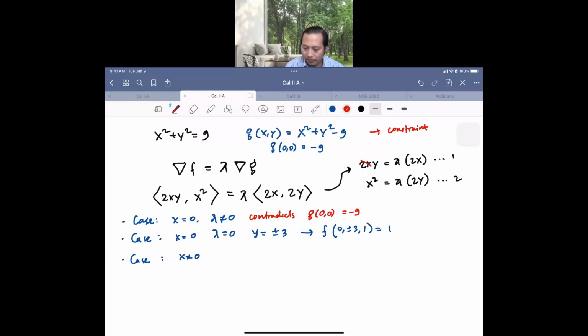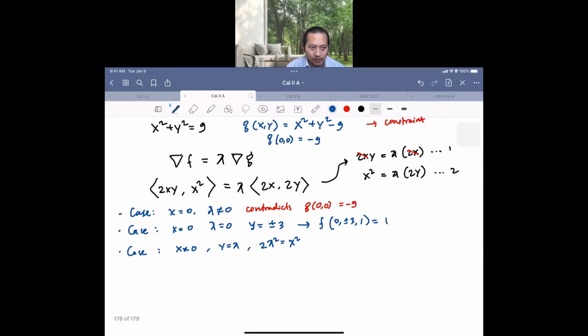So we can cancel this 2, so y is equal to lambda. And because y is equal to lambda, then 2 lambda squared is equal to x squared.